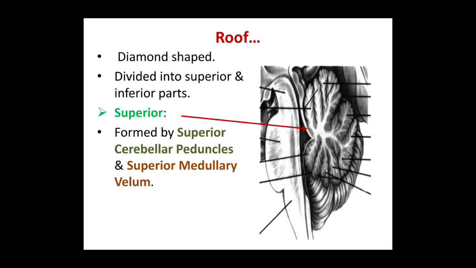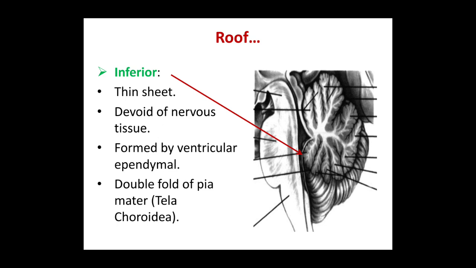Now coming to the roof, this is diamond shaped, divided into superior and inferior parts. The superior part is formed by the superior cerebellar peduncles and superior medullary velum. The inferior part is a thin sheet devoid of nervous tissue, formed by ventricular ependyma.